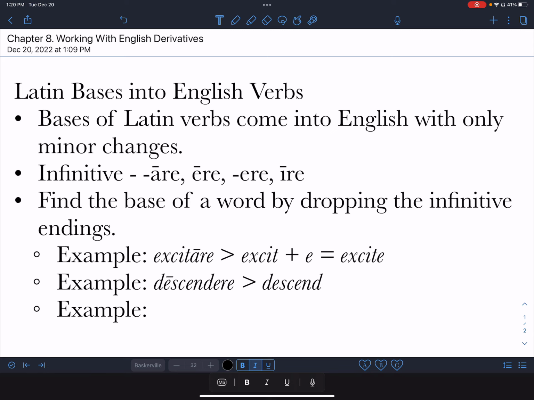It doesn't work with everything. It doesn't work with every word, but it works with some. So that's why I'm trying to show you the patterns of some words. Let's try this one.